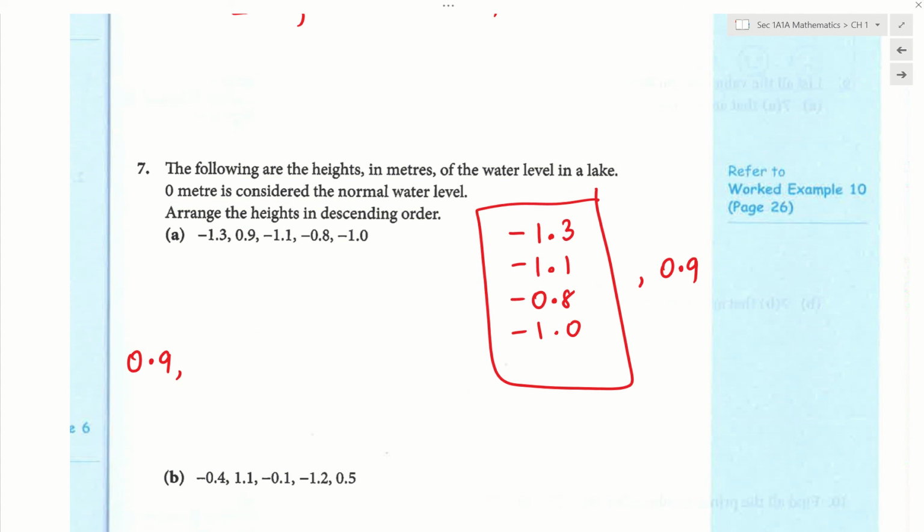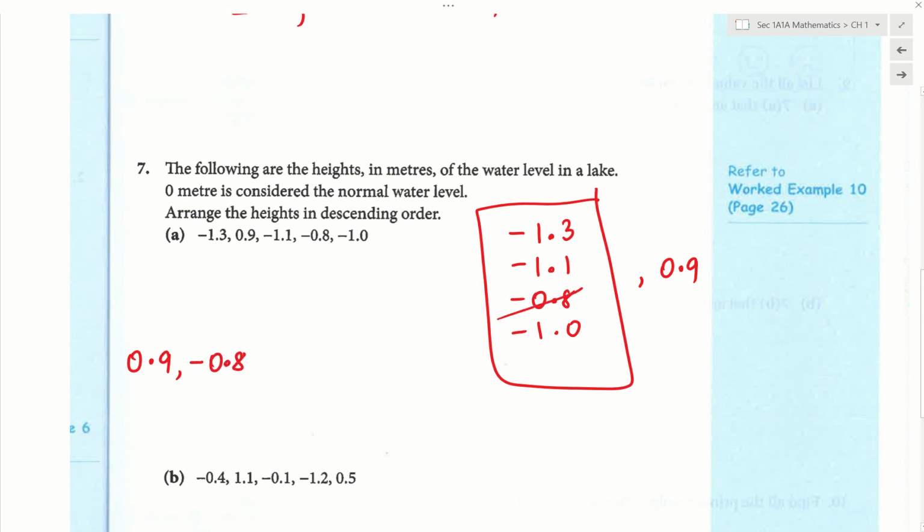But if I cover the negative sign, then which is the biggest? 1 is biggest. But if I put a negative sign, 0 is biggest. So it's like the opposite. So the next biggest number is negative 0.8. I'm done with this already.